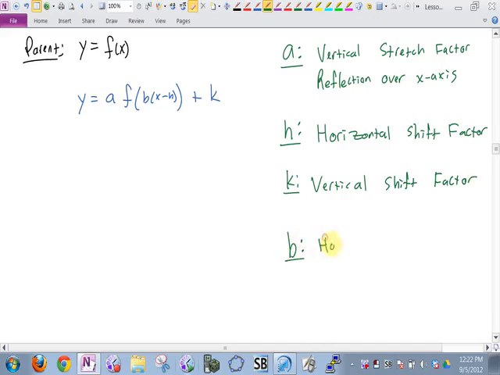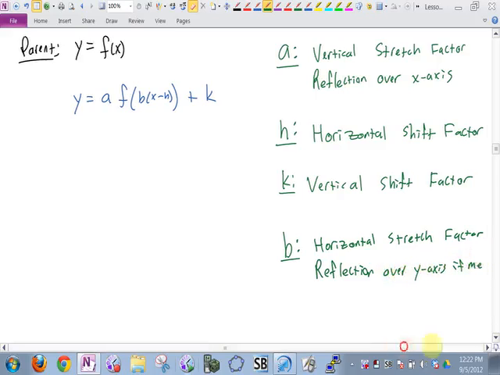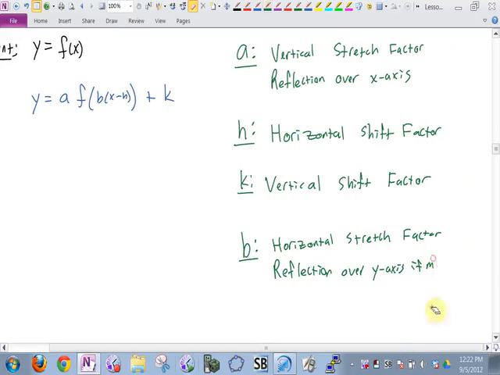It is the horizontal stretch factor. And if it's negative, it's a reflection over the y-axis.